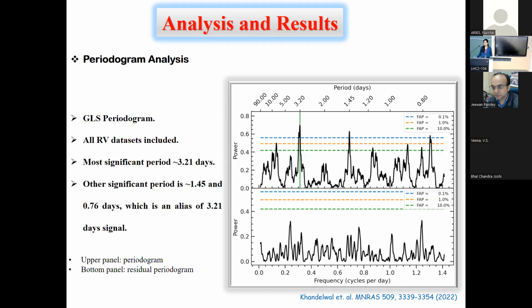One is at 1.45 and another is 0.76 days. So when we remove this 3.21 day signal from the data, these 2 peaks are also removed, which shows that these 2 peaks are aliases of this 3.21 day signal. As you can see in the residual of the periodogram, there are no peaks.